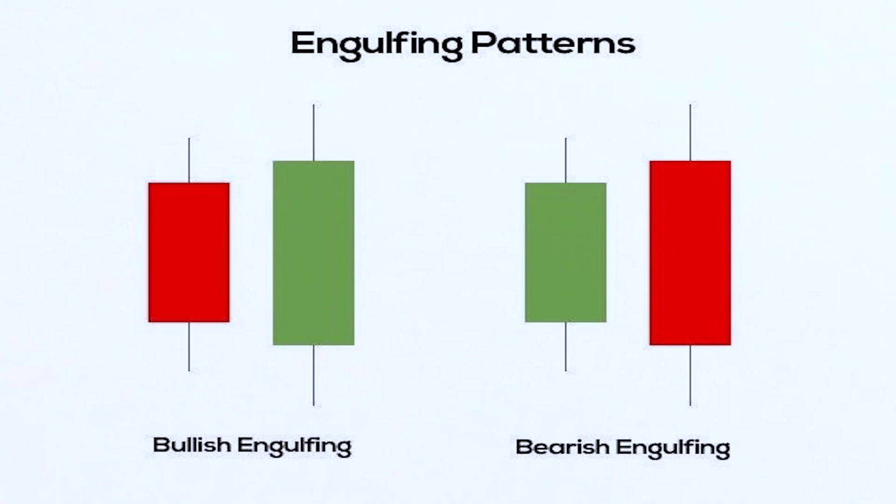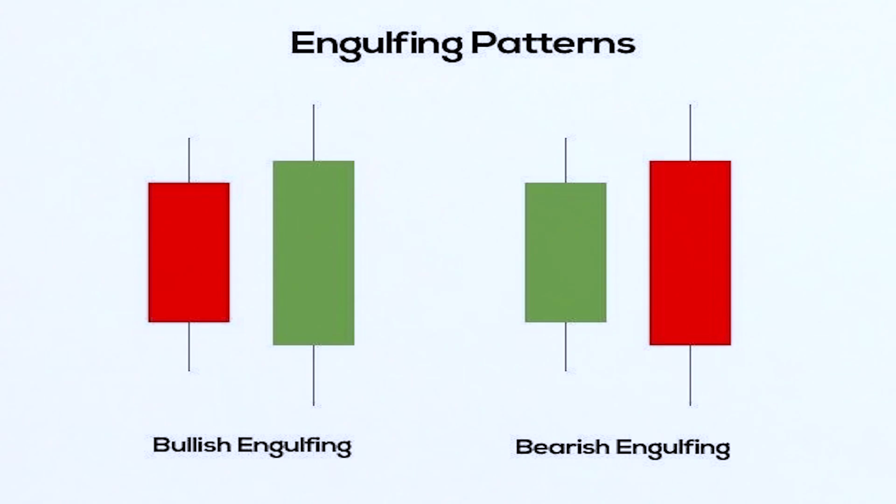Bullish engulfing and bearish engulfing patterns are also crucial in predicting reversals. A bullish engulfing pattern occurs when a small bearish candlestick is followed by a larger bullish candlestick that completely engulfs the previous one.